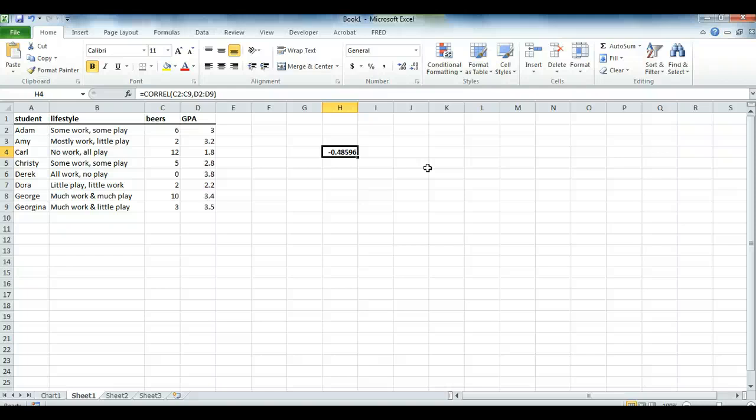If the correlation were, say, negative 0.8 or negative 0.9, then we'd say basically GPA is totally determined by the number of beers you drink, or something related to that that's really driving it. But here we see that it's relatively strong, and there's certainly a relationship. It's not nothing, but there's also a lot of exceptions.